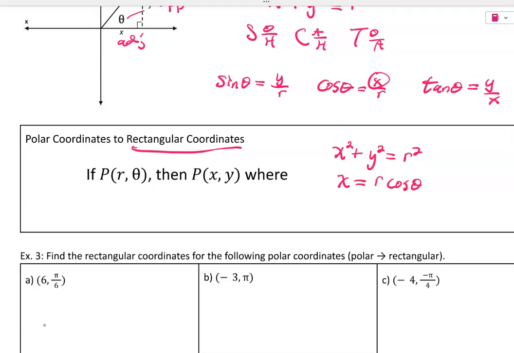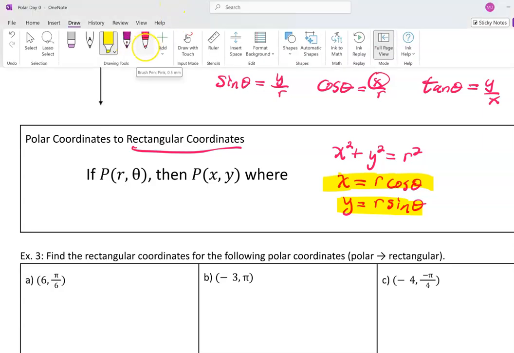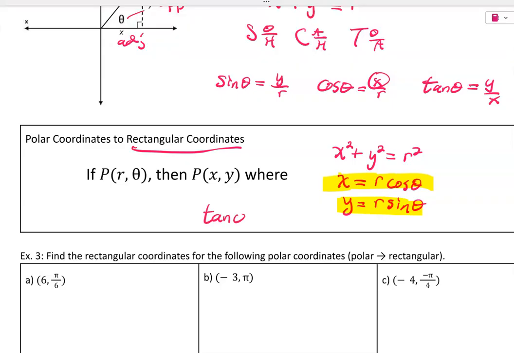X equals r cosine of theta, and y is going to be r sine of theta. In all truth, we're going to be using these predominantly. But of course, we also have the tangent of theta equal to y over x. You'd always have that at your disposal as well.